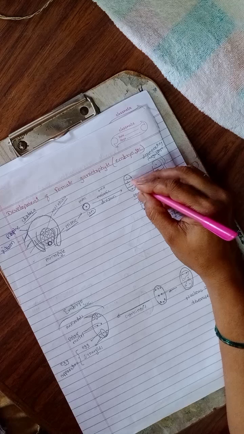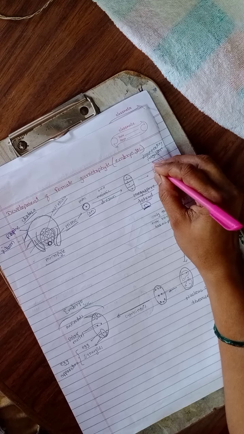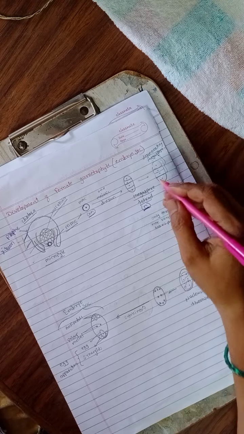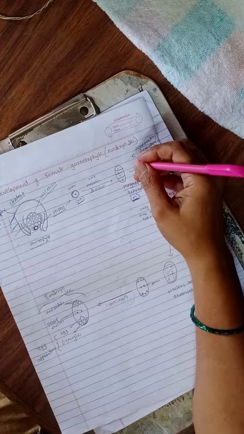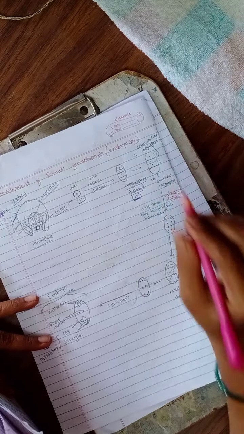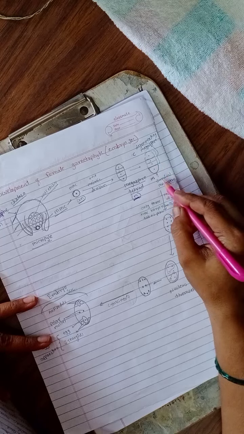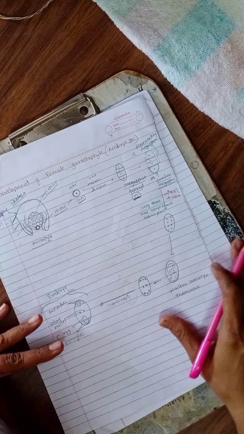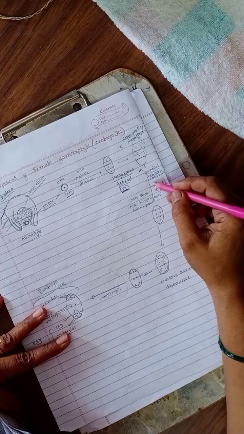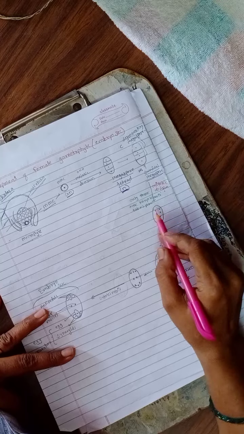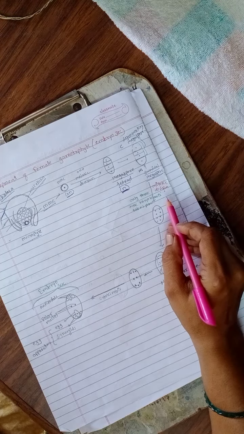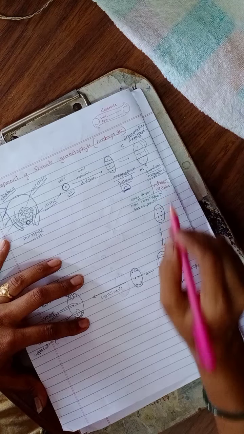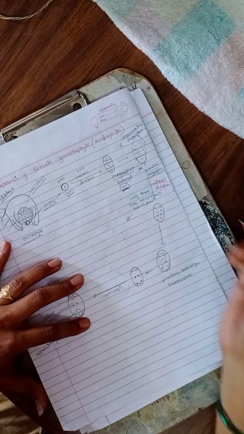Then out of this tetrad, 3 cells degenerate, and only the lower cell, that is, the cell towards the micropyle, survives. This is the chalazal end and this is the micropylar end. This cell is the surviving megaspore. The other 3 degenerate. Then this surviving cell undergoes mitotic division, that is, 3 karyokineses. Karyokinesis means division of the nucleus.